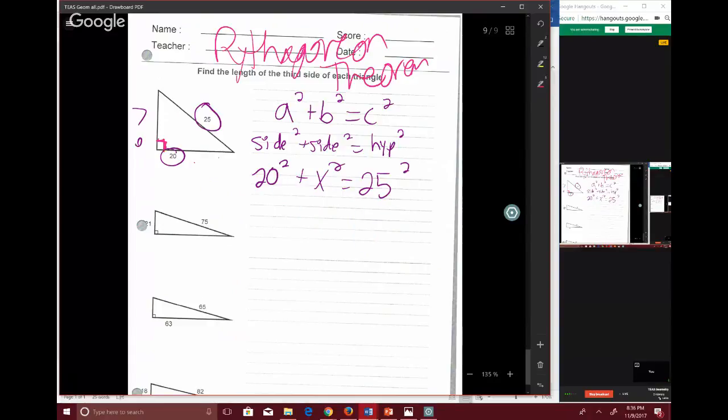The first thing we need to do is square the numbers, and it's really easy to forget that. So 20 squared is 400, and 25 squared is 625. Sorry, I said 400 squared. What I mean is 400.